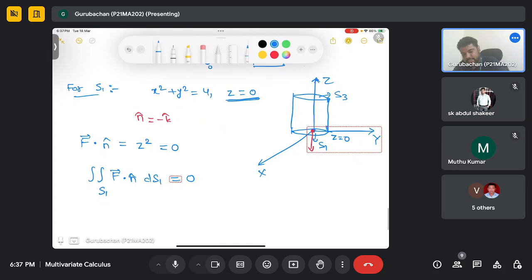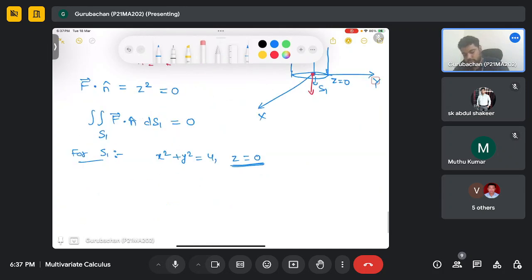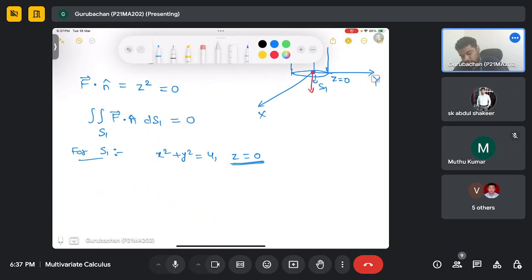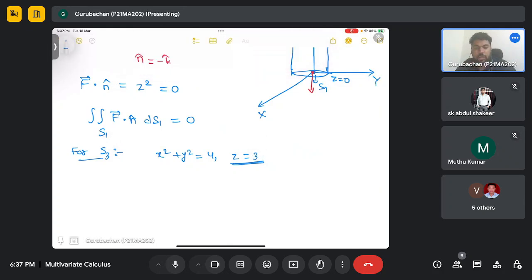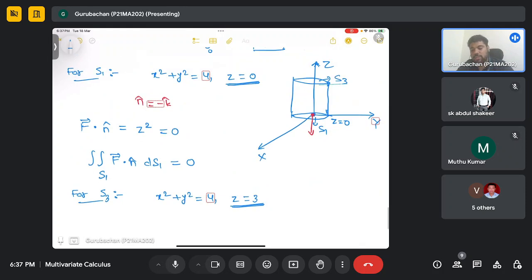Now let us come to S3. Let me write it explicitly in the same way as for S1. S3 is z equal to 3. What will be the outward normal vector for this S3? K cap.